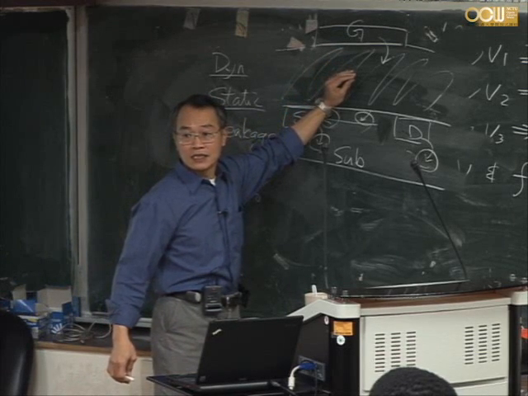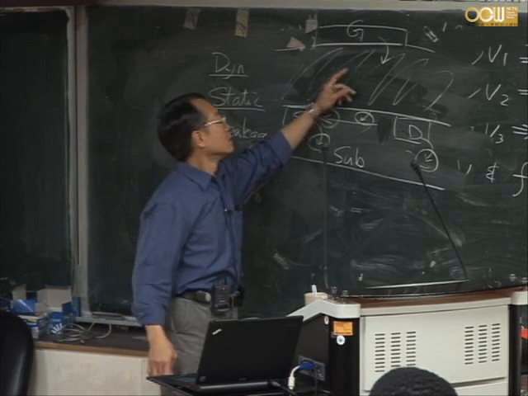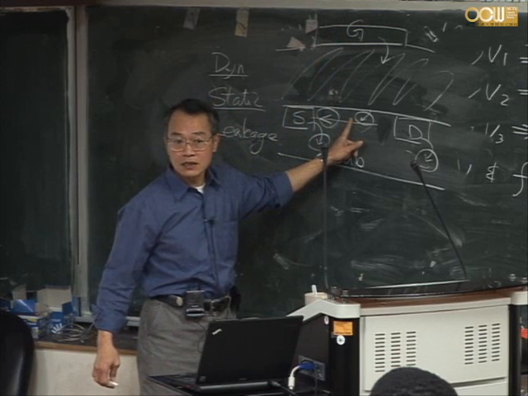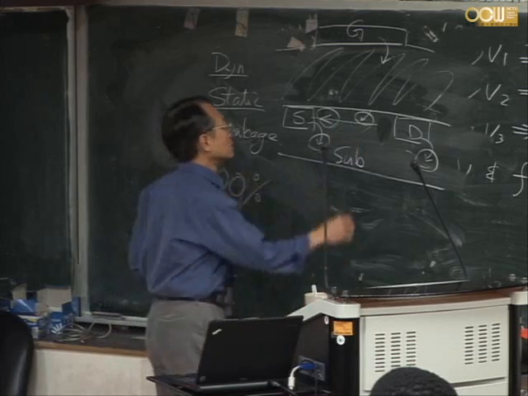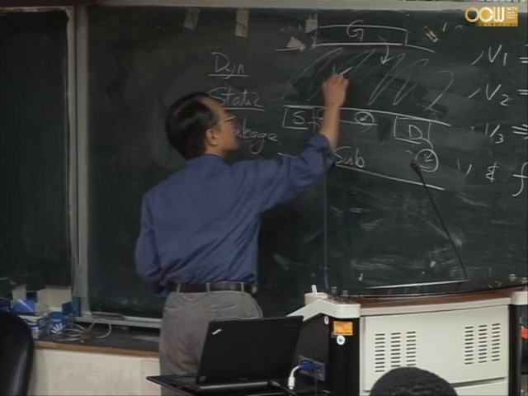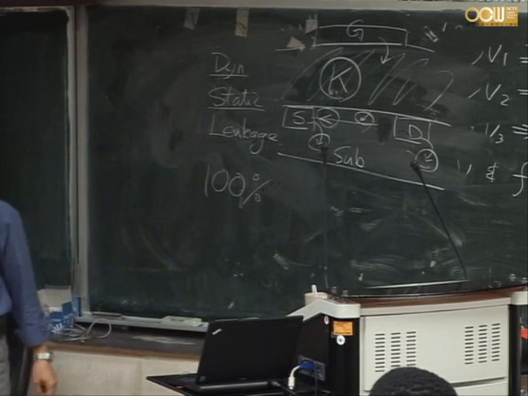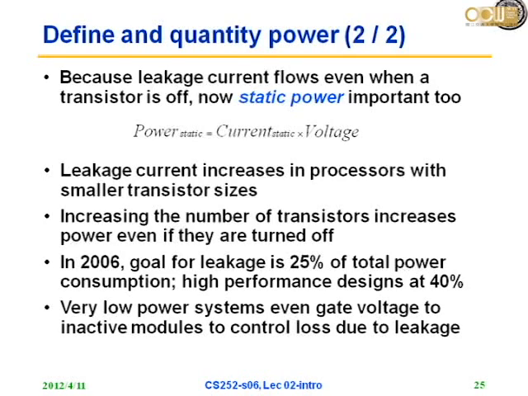In other words, it's much more difficult to use the gate to control the transistor, right? So what do we do? We use high K material as the insulator. Have you heard of high K? You should understand these.